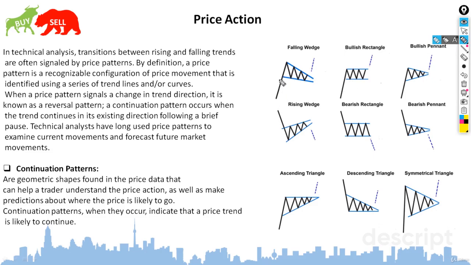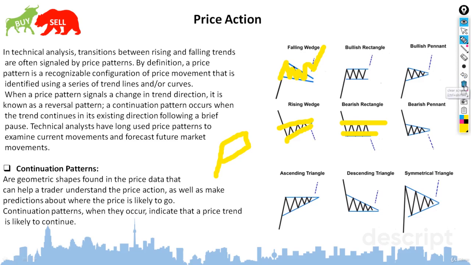That means that the market will do a brief pause, then break out of the flag or the triangle to continue its uptrend, and it's the same case for a downtrend. This is a triangle or a rectangle, or we name it a flag like this.